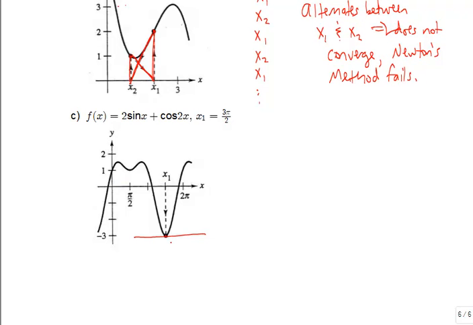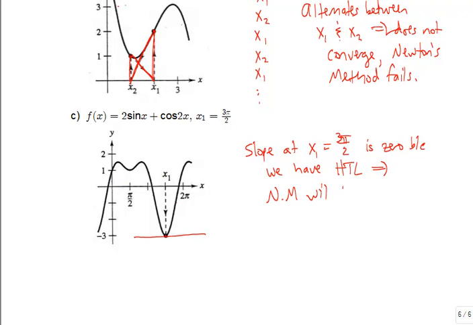So there's a horizontal tangent line right at 3 pi over 2. So the slope at our first guess of 3 pi over 2 is 0 because we have a horizontal tangent line. And that means our Newton's method will fail because we're trying to divide by 0.